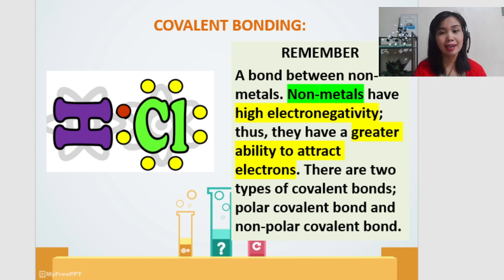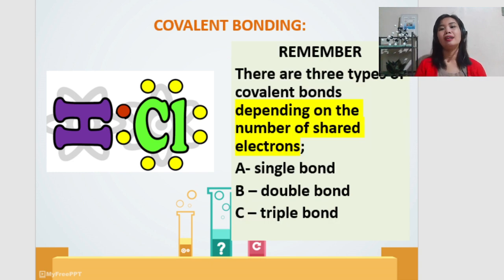Non-metals have high electronegativity, therefore they have greater ability to attract electrons. There are two types of covalent bonds, the polar covalent bond and the non-polar covalent bond. Remember also that there are three types of covalent bonds depending on the number of shared electrons. We have single bond, double bond, and triple bond.